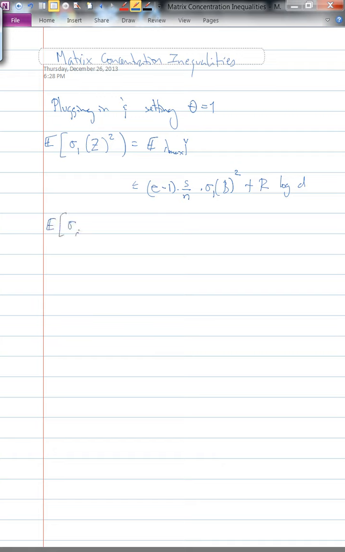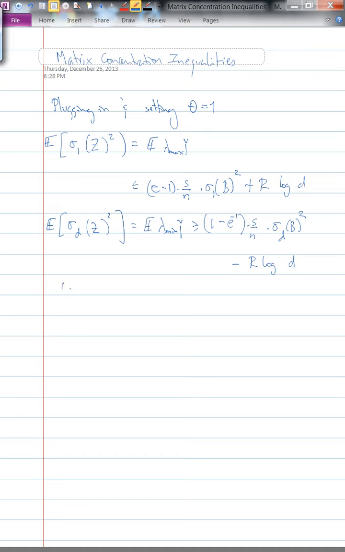And the expected value of the smallest singular value of Z squared, which is just equal to the expected value of lambda min of Y, is greater than or equal to 1 minus e to the minus 1 times s over n times sigma d of B squared minus R log d.